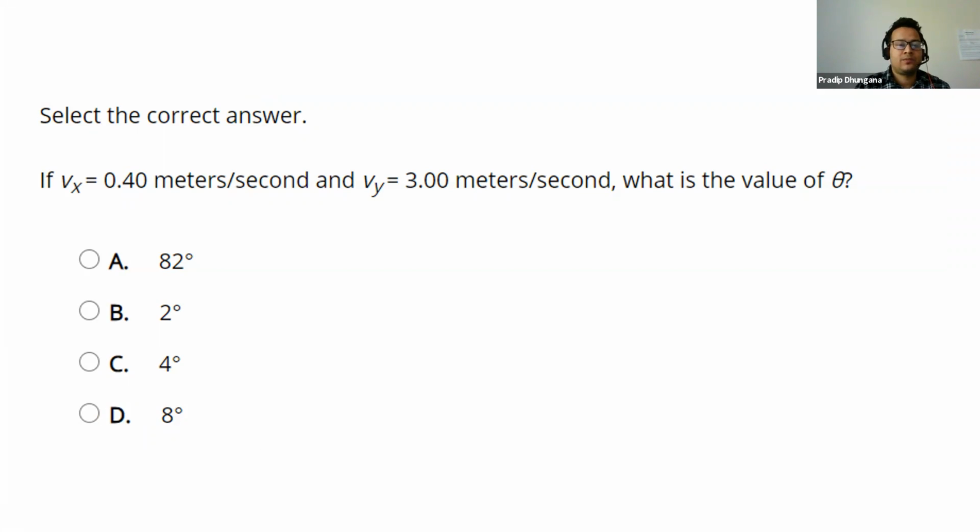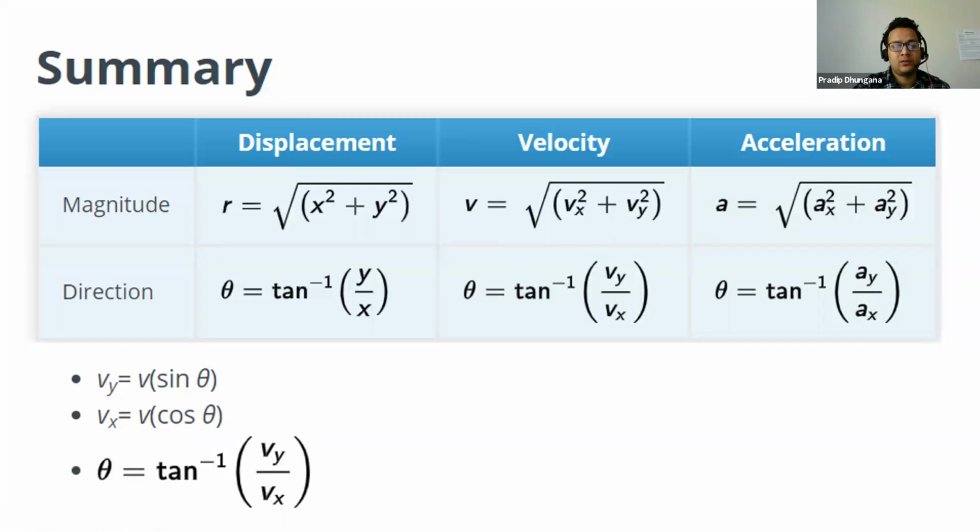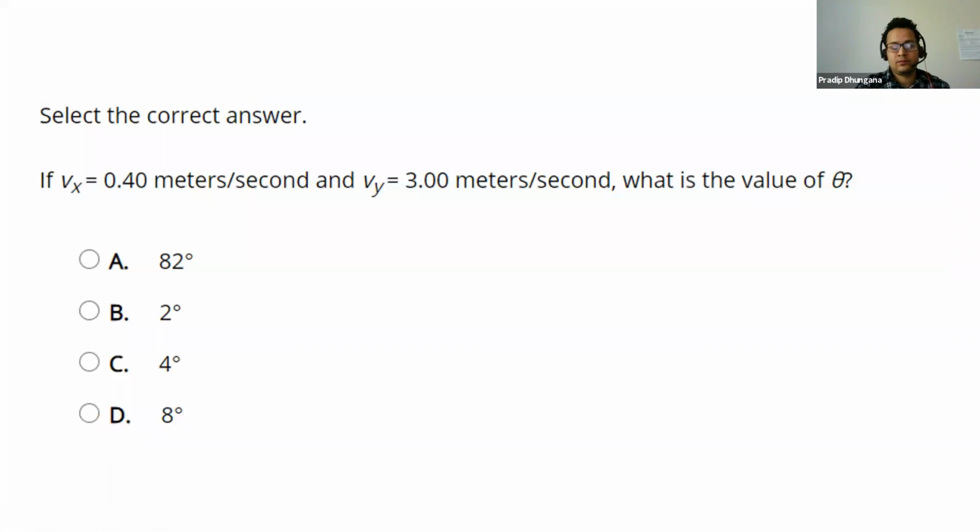If Bx is 0.40 meters per second and By is 3 meters per second, what is the value of theta? So here we are calculating theta. This problem is straightforward. Let's check it out. So theta is your tan inverse By over Bx.